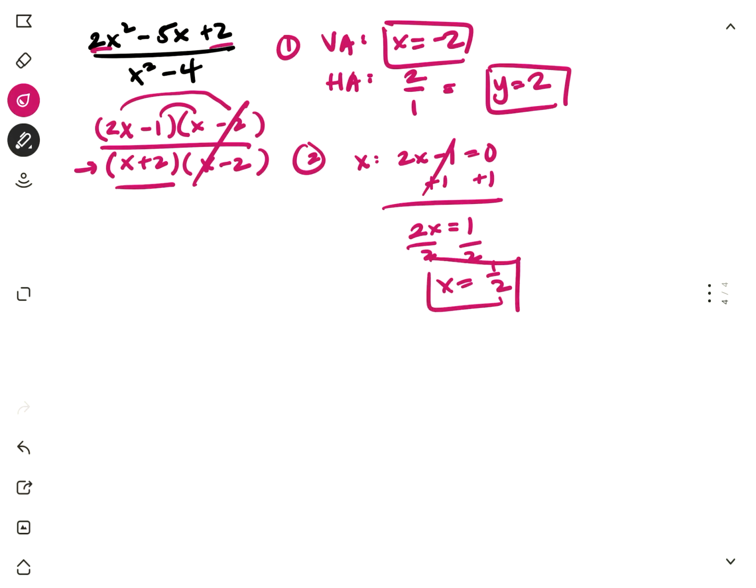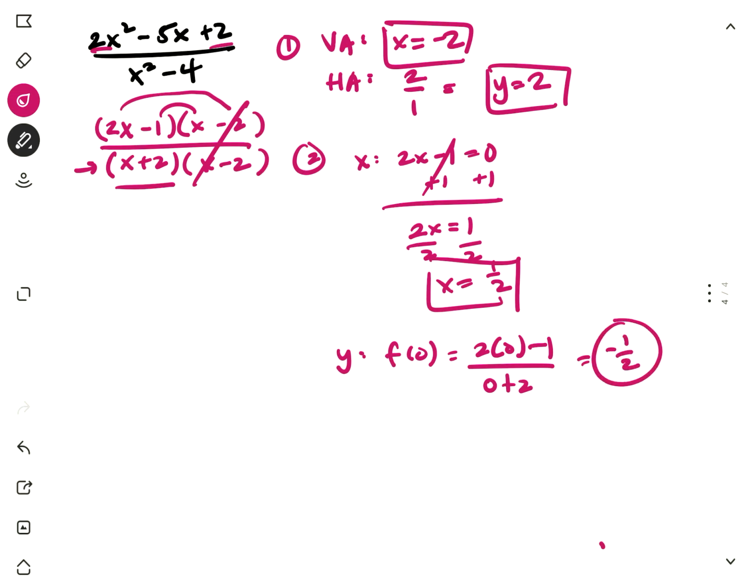That's our zero. And then for our y-intercept, we're going to do f of 0, right? So f of 0 is (2 times 0 minus 1) over (0 plus 2). 2 times 0 is 0, minus 1 is -1, over 2.